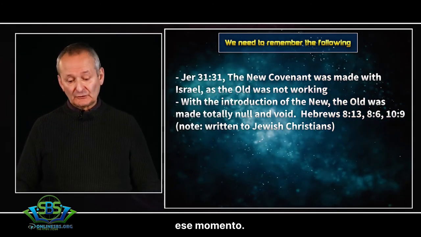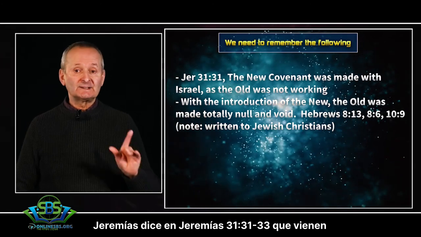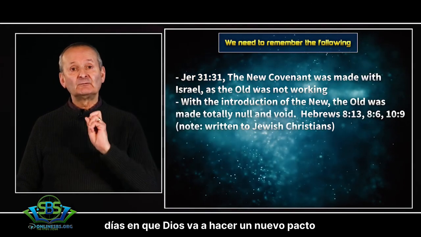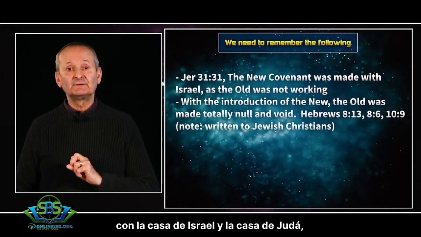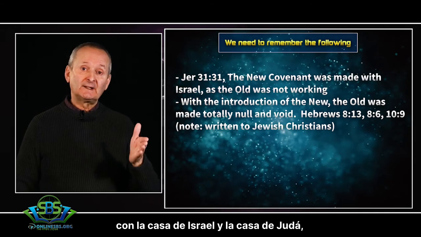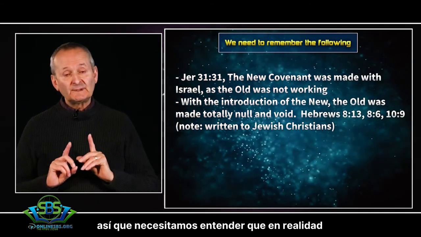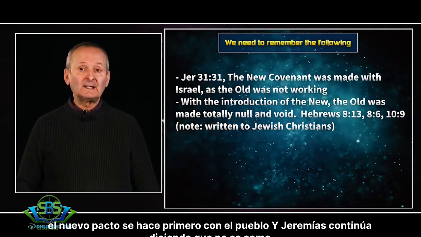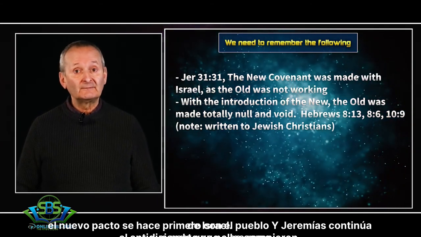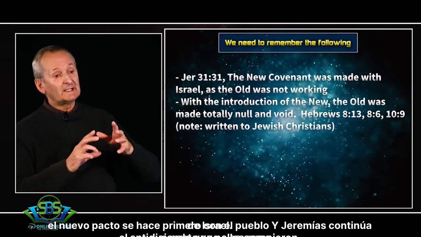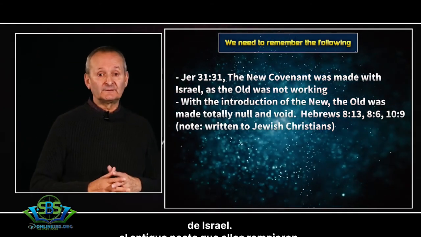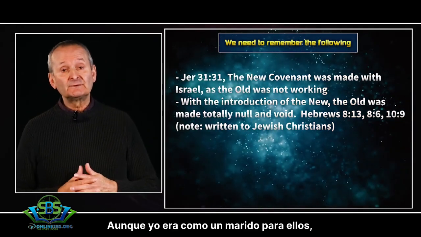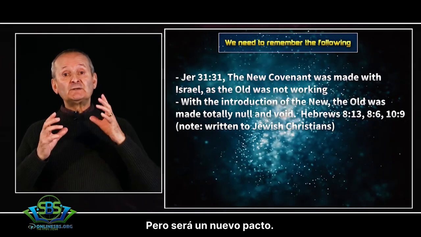When we come to that moment, Jeremiah says that the days are coming when God is going to make a new covenant with the house of Israel and the house of Judah. And so we need to understand that actually the new covenant is firstly made with the people of Israel. Jeremiah goes on to say that it is not like the old covenant which they broke, even though I was like a husband to them, but it's going to be a new covenant.